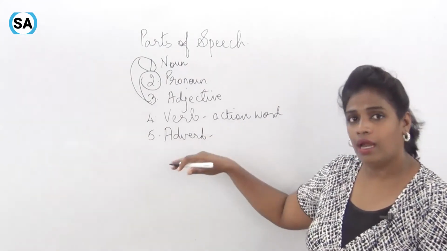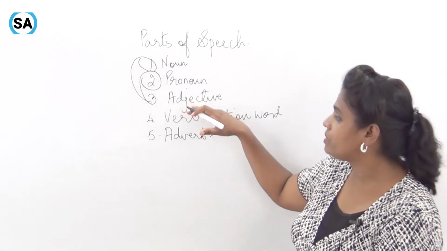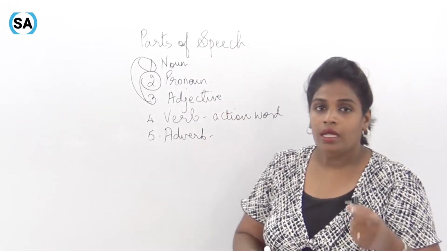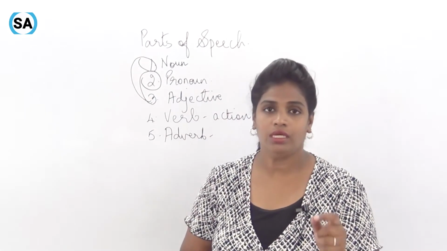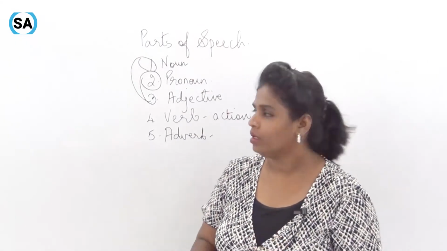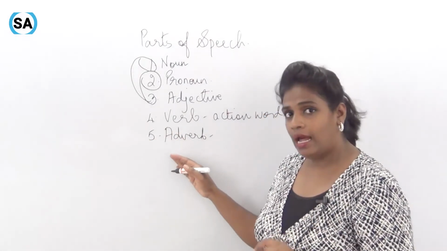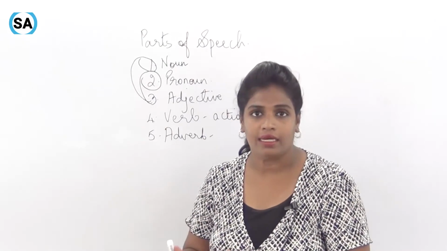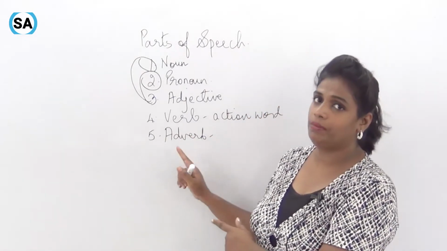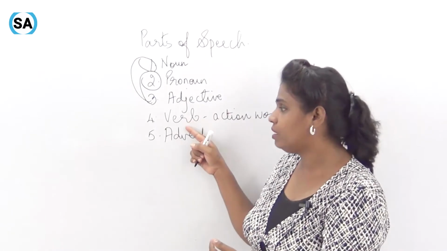adverb. Adverb describes verb. The girl is singing a song. She is singing. Now, if I want to add an adverb, what will I say? The girl is singing sweetly. So, your adverb describes your verb.